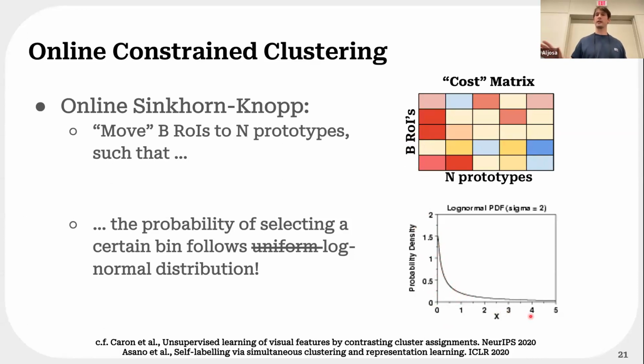Otherwise you will have exactly the same issues as if you cluster with k-means. So this is how we generate pseudo labels: given the current weights, we generate pseudo labels, and then we use these pseudo labels to update the weights, right? So this works in an alternating fashion.